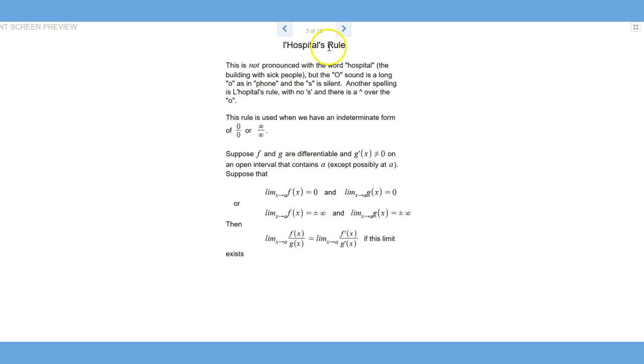This rule is used when we have an indeterminate form of the form 0 over 0 or infinity over infinity.